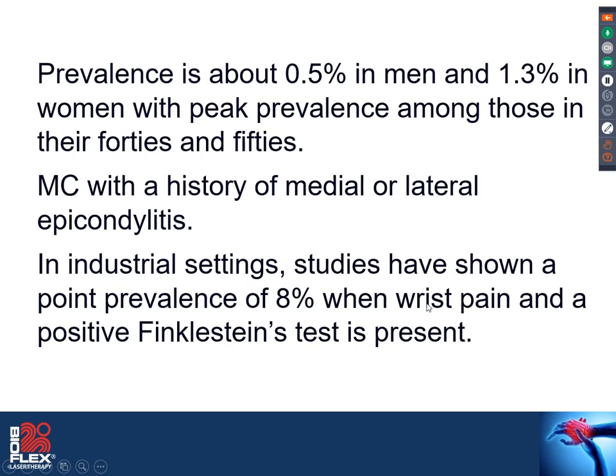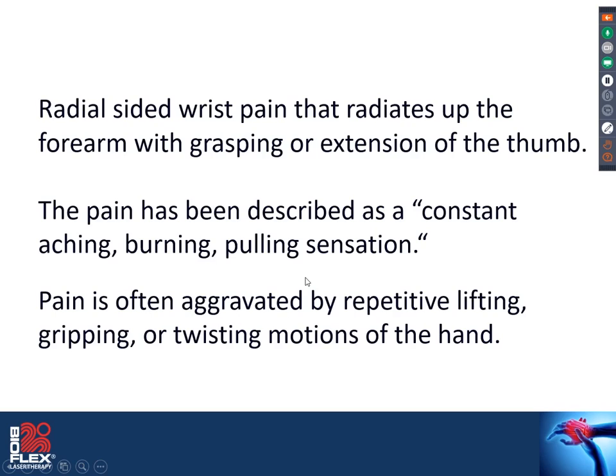In industrial settings like factories, you'll start to see a much higher prevalence when the patient has wrist pain and a positive Finkelstein. So it's actually a fairly common scenario in workers that work in that kind of repetitive factory setting. So there is radial-sided wrist pain. It can radiate up into the forearm, especially with grasping or extending the thumb.